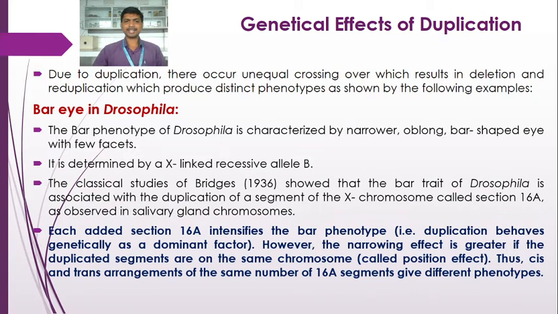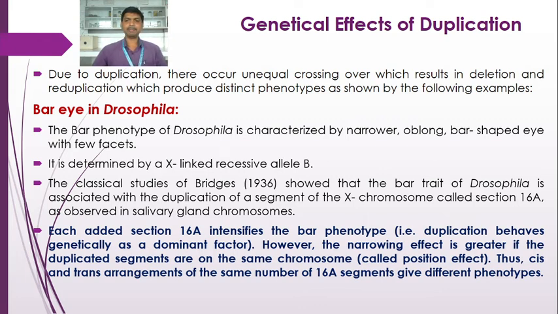Each added section 16A intensifies the bar phenotype. So what is the bar phenotype? It is characterized by a narrower oblong bar shaped eye. When section 16A is duplicated, duplication behaves genetically as a dominant factor.